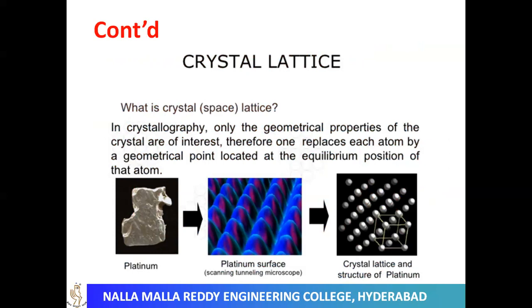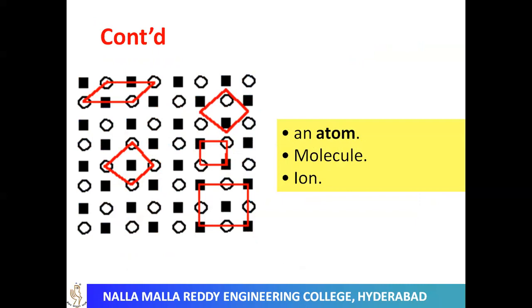Now, we know what a crystal lattice is. Let us study some of its characteristics. Each point in a crystal lattice is called a lattice point or lattice site.